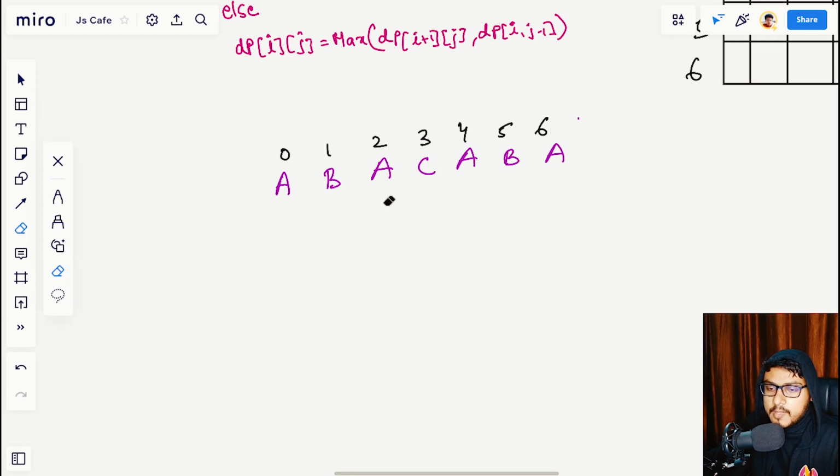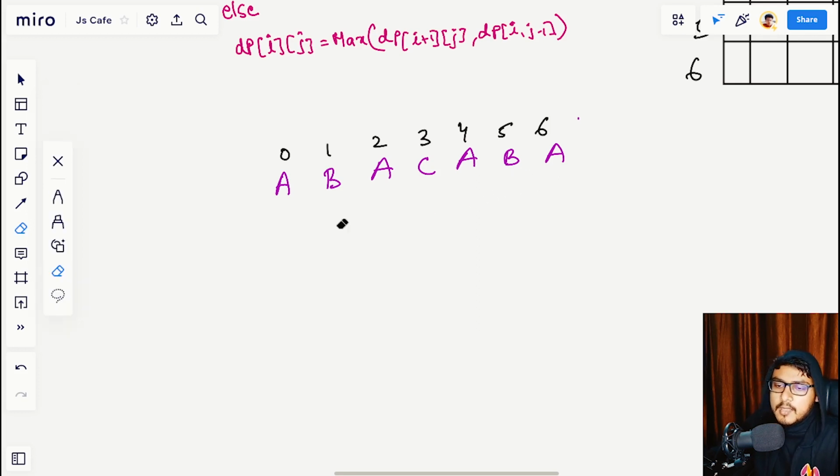We move forward. What is the maximum LPS again here? A and C, again 1. Okay, no problem. What is the maximum LPS of C and the next character? What is the maximum LPS over here? 1. What is the maximum LPS over here, which is again 1.